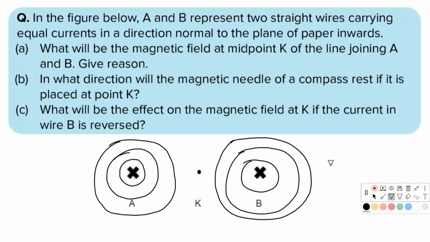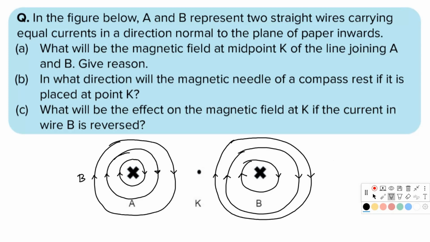When we apply the right hand thumb rule, we realize that the magnetic field, shown by the arrow, is in clockwise direction for the conductor at point A. For point B also, the magnetic field is in clockwise direction.